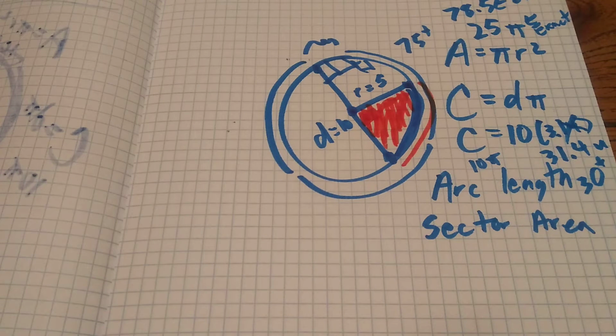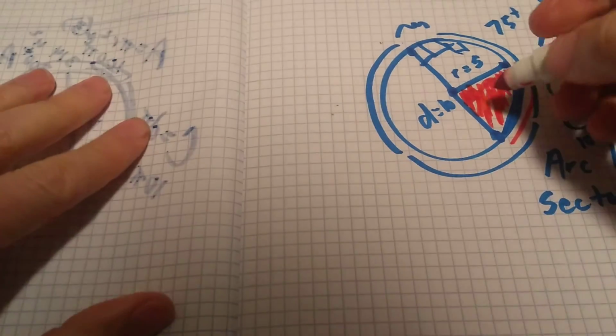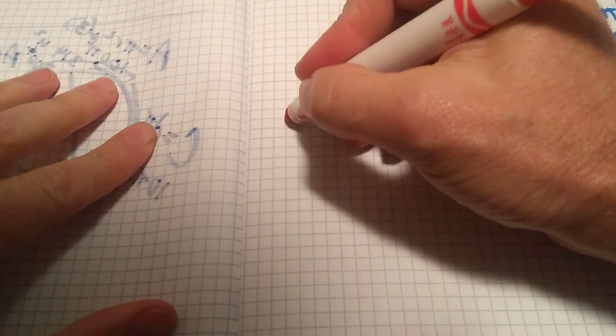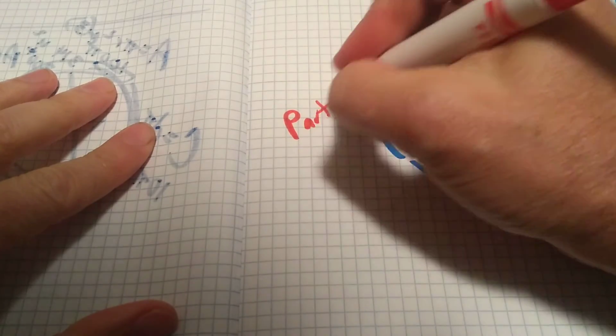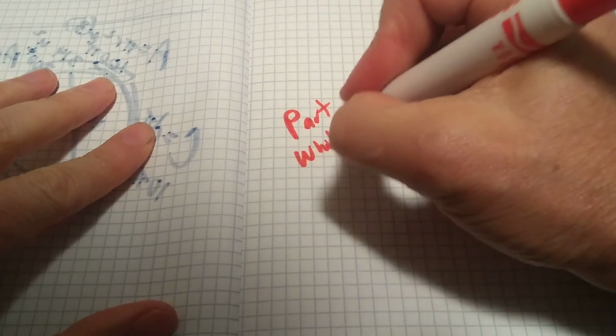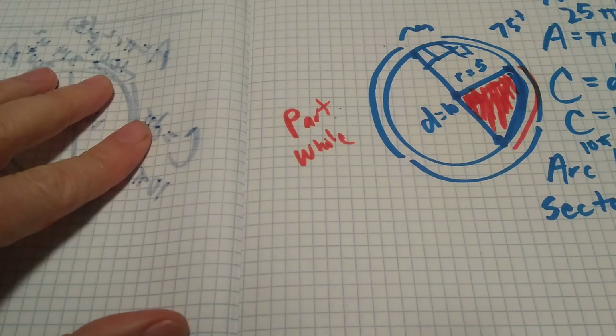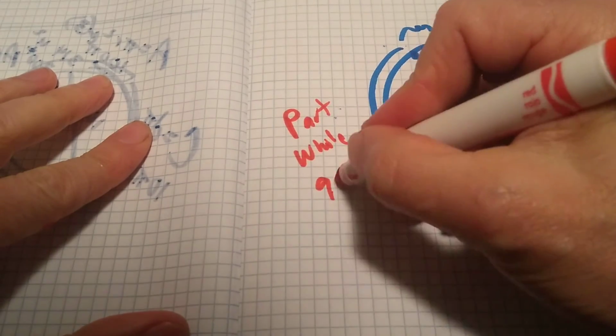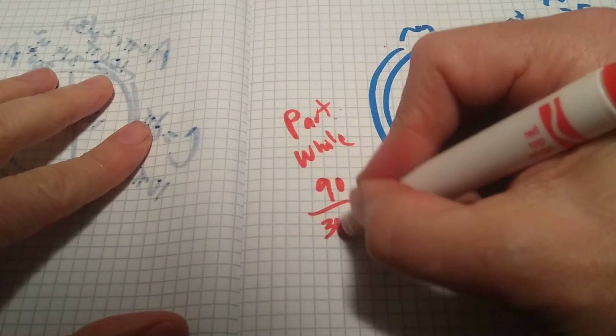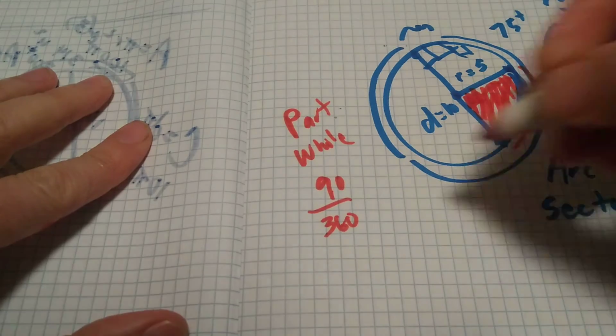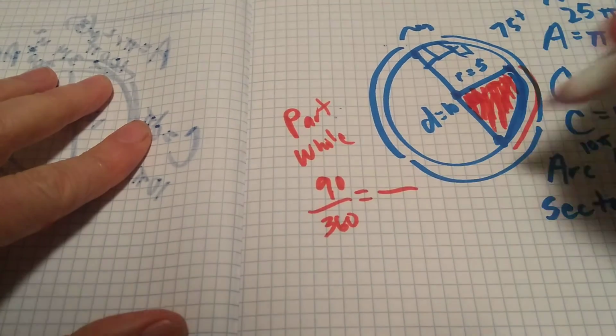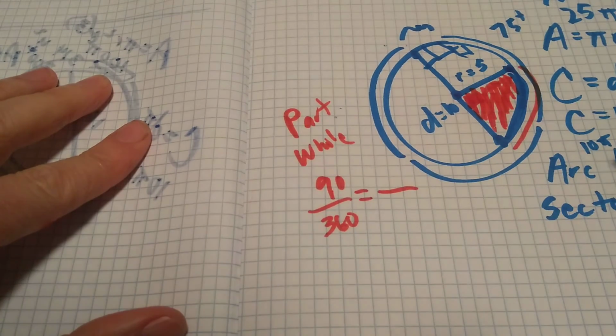So the way we'd figure out either one of them is we'd say, well, if this is 90 degrees, we've got our part over our whole. We want to set up a proportion. So I have 90 over 360 as one side of my proportion. And the other side of my proportion is the part I don't know.